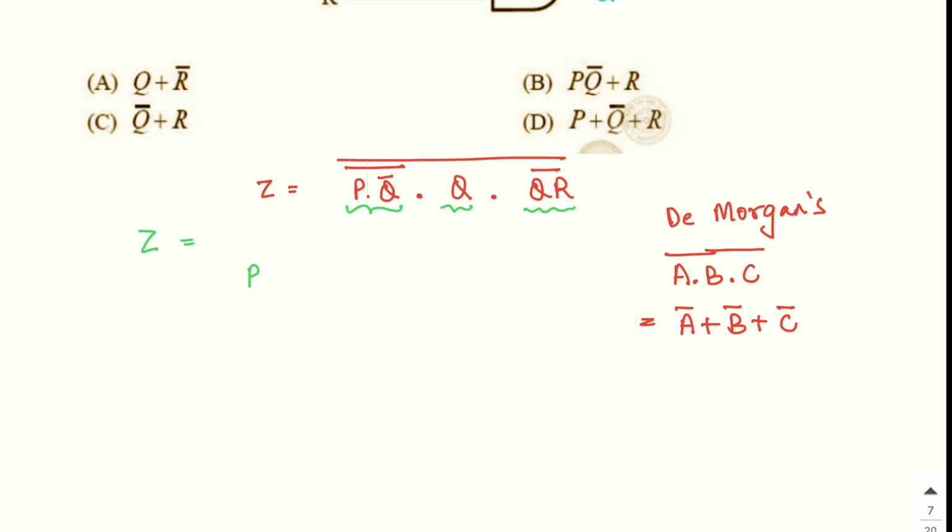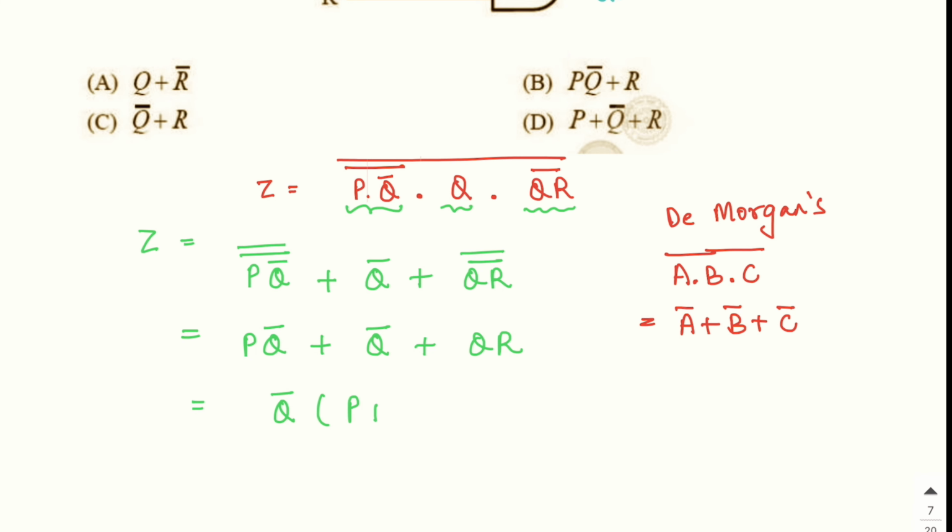So just apply De Morgan's theorem. This is double complement plus Q bar plus QR whole bar bar. Now we know that the double complement of any element is the element itself, so this becomes PQ bar plus Q bar plus QR. Now we can see that we can have Q bar common over here, so we get P plus 1 plus QR.